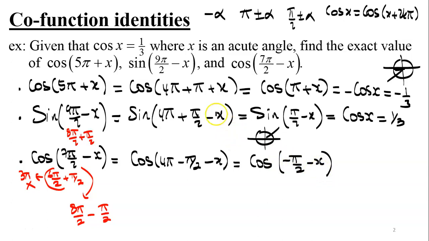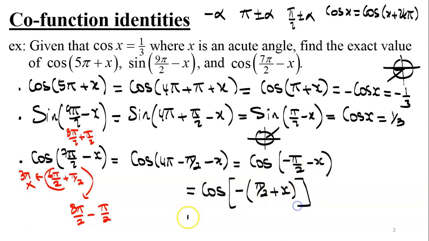Now I still did not reach my cofunction identity, because my cofunction identity has a pi over 2, not a negative pi over 2. So in order to get to pi over 2, what I would do here is factor out the negative. So it's cosine of negative into pi over 2 plus x.